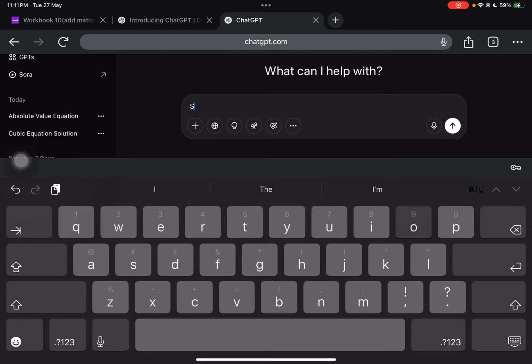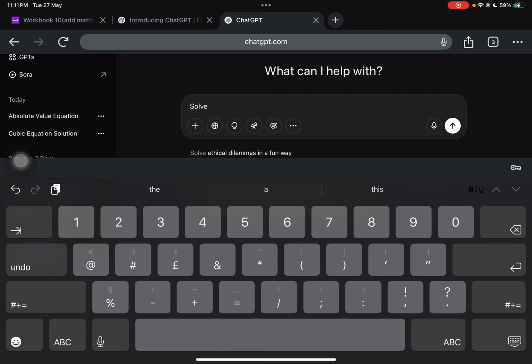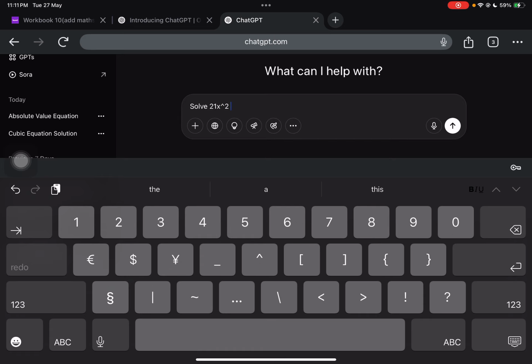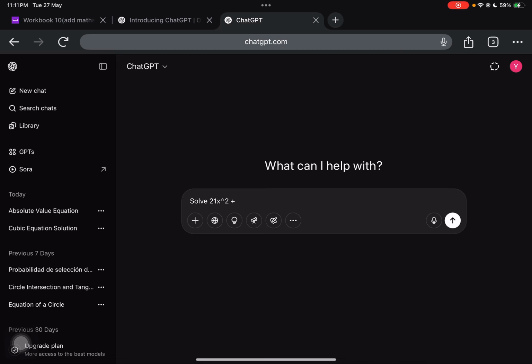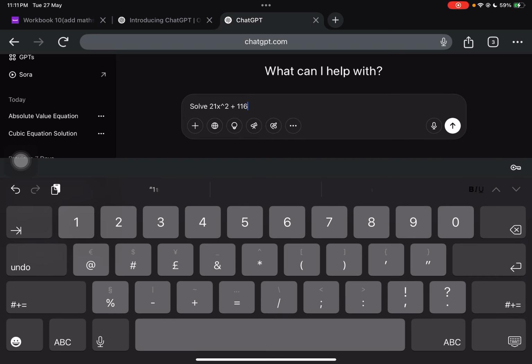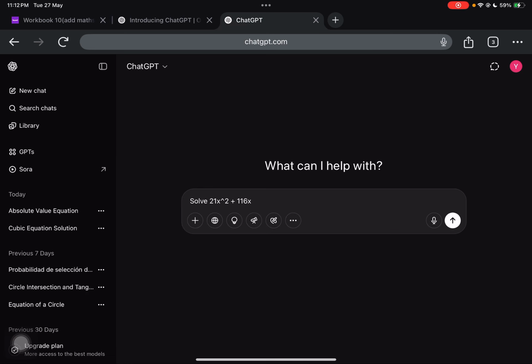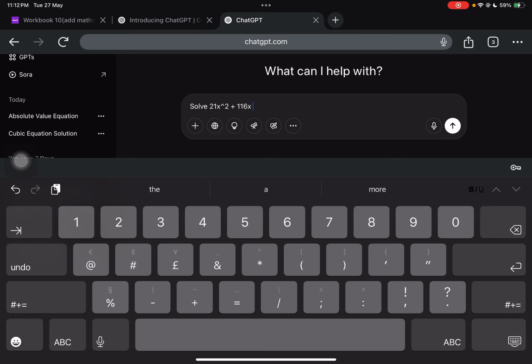Okay, I want to solve 21x squared plus 116x plus 84 equals 0.